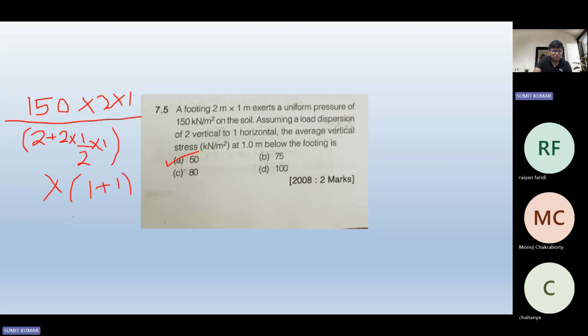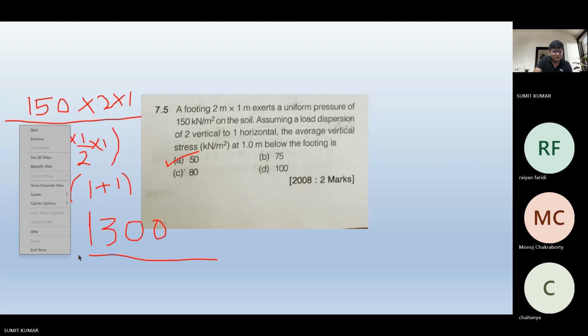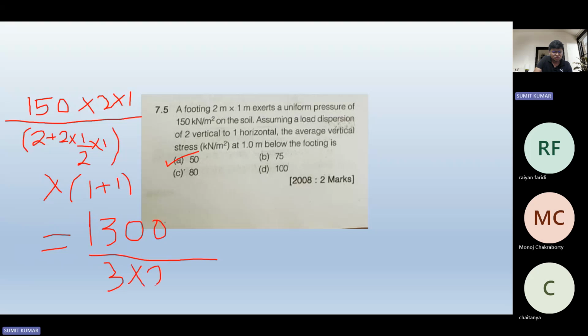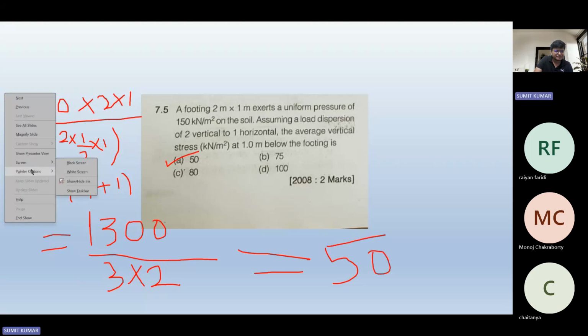So it is going to be 150 into 2, that is 300, upon 2 plus 2 into 1 by 2 into 1, which is 300 by 3, into 2, equal to 50. Right.